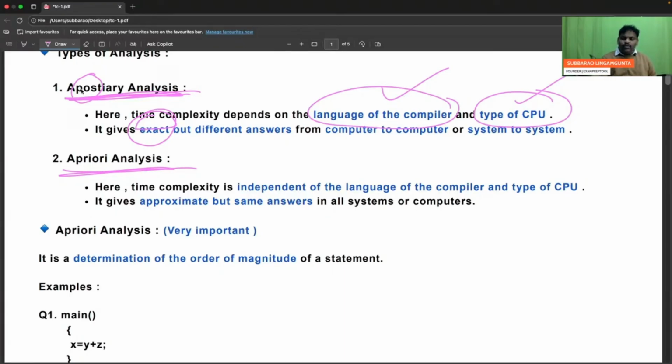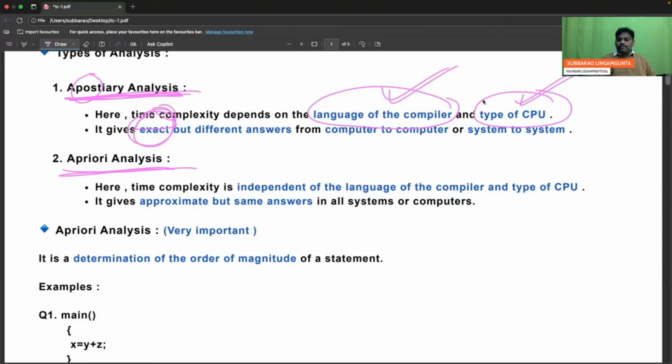If anyone asks you about posterior analysis, the answer is that it is based on the real things. Language of compiler matters, type of CPU matters. If you know these two things, you can give the time complexity; if you don't, you cannot. The advantage is that the real things are taken into consideration, so you will get the exact answer.